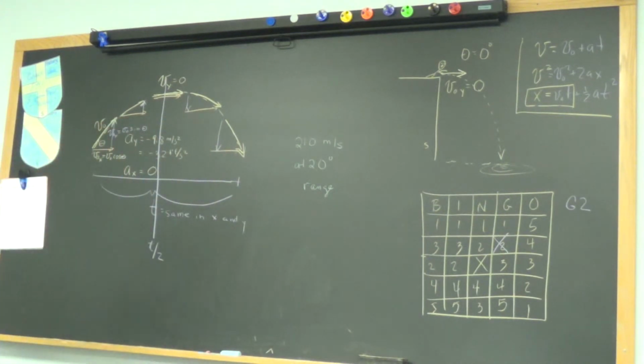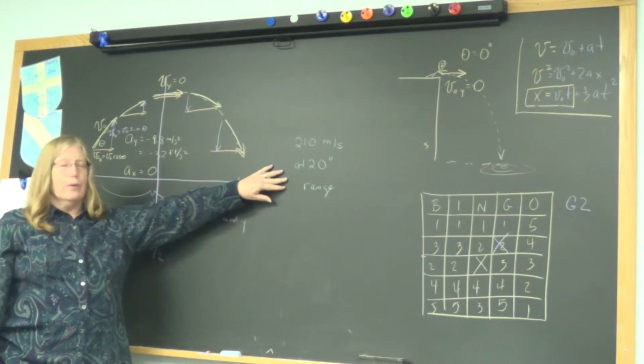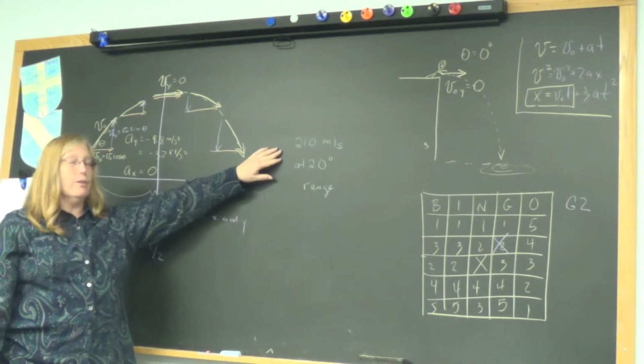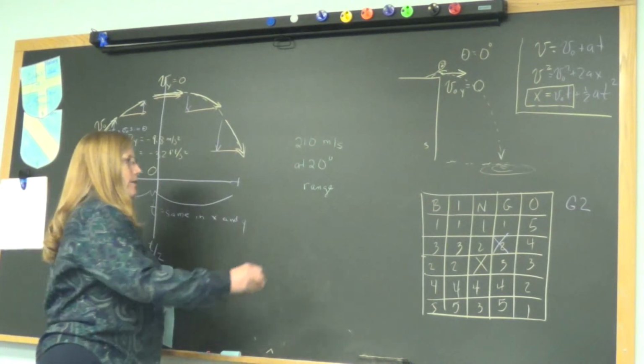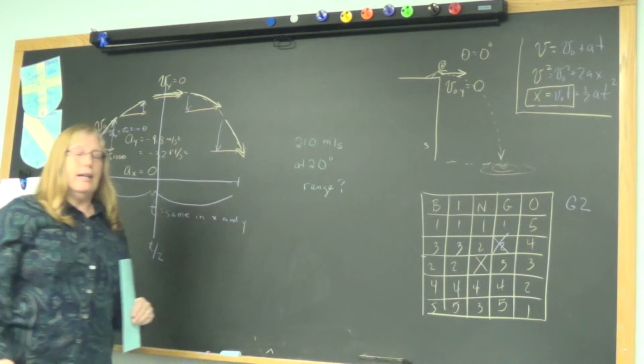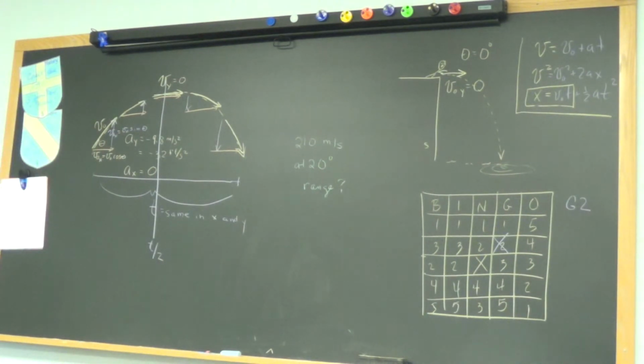And this one we will do a bingo for. So 210 is the initial velocity, the angle is 20, and I'm looking for the range. I'm assuming the bullet is doing that, so we're allowed to use the range equation.